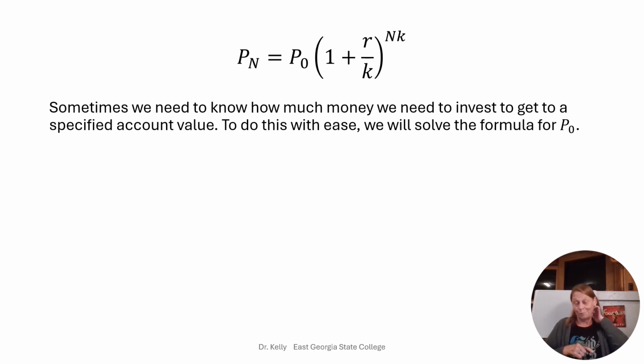Now, sometimes we need to know how much money we need to invest to get to a specified value in an account. Like say you wanted to save some money to put a down payment now on a house, okay? And you know you need to have maybe $50,000 and you want to buy your house in 10 years.